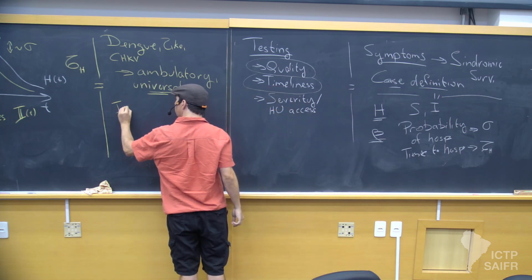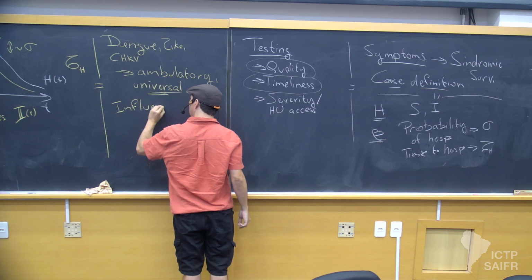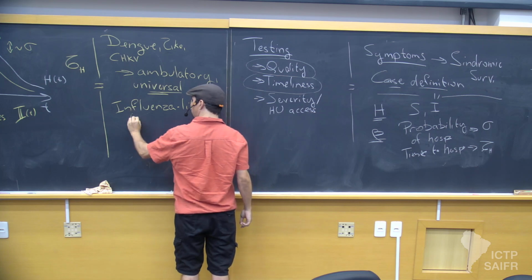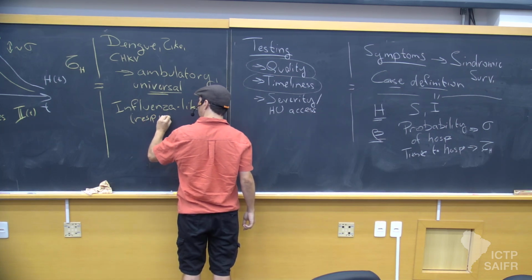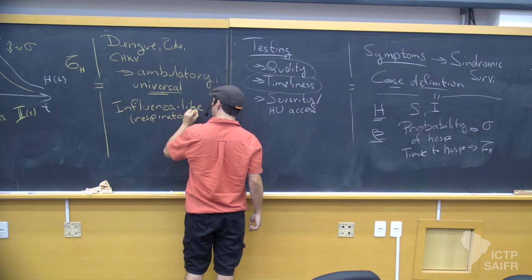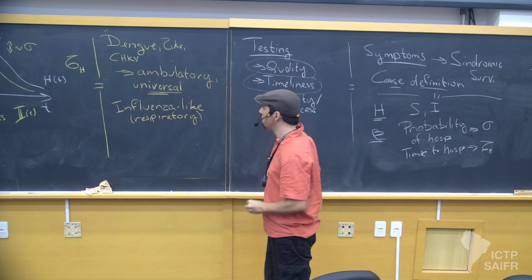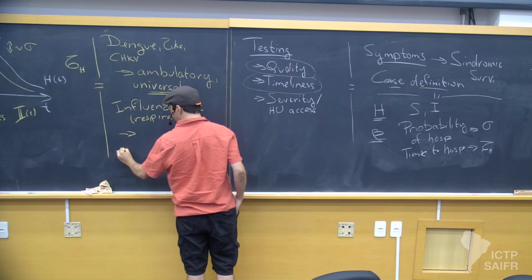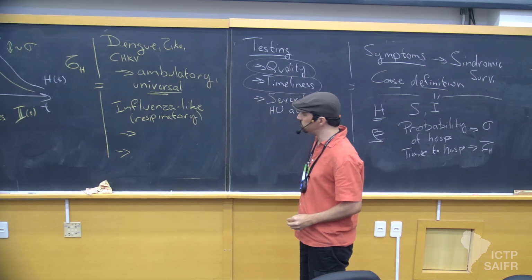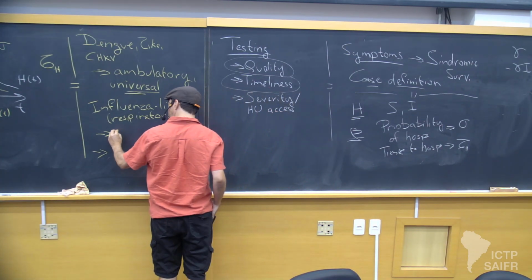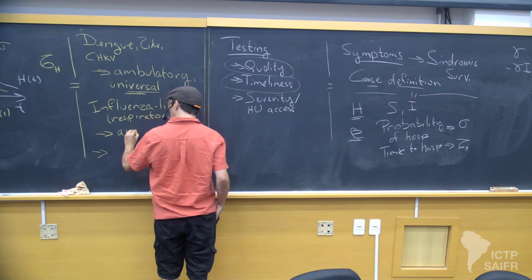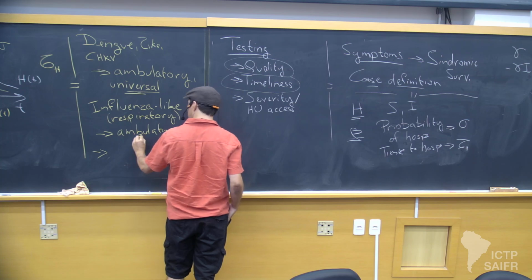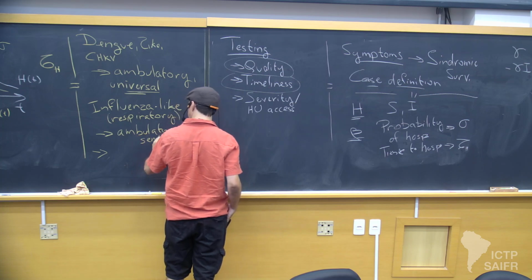Now, for influenza-like, so respiratory infections, we have two main branches, not only in Brazil, but in several countries. An ambulatory surveillance that is based on sentinel units.